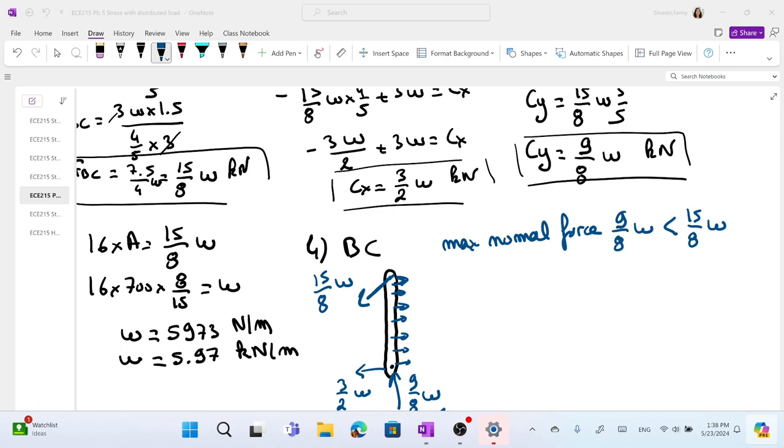So we don't need to find the maximum W for the beam BC, because it's lower anyway than AB. Now let's look at the shearing force.